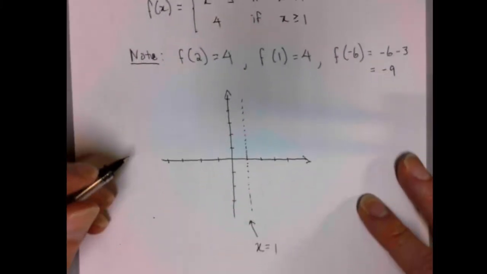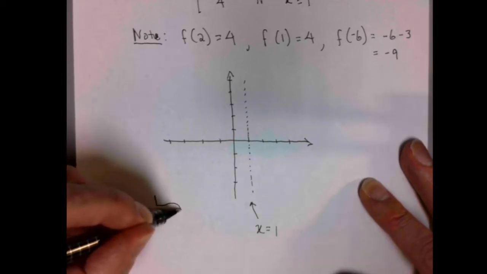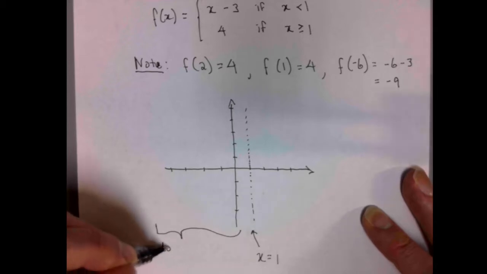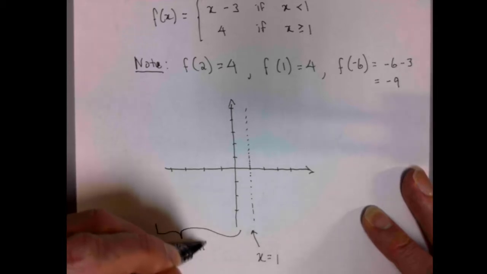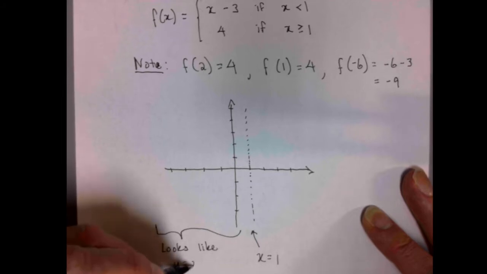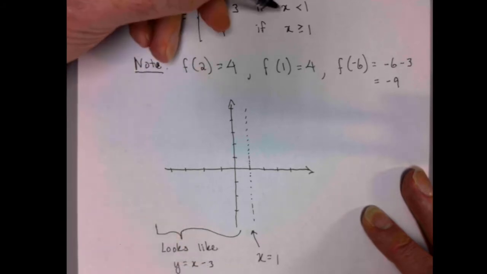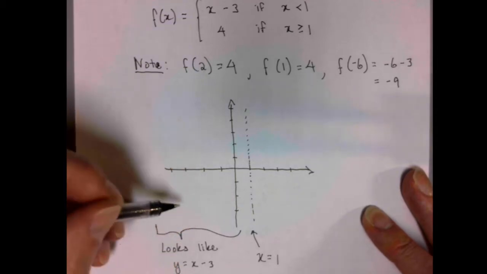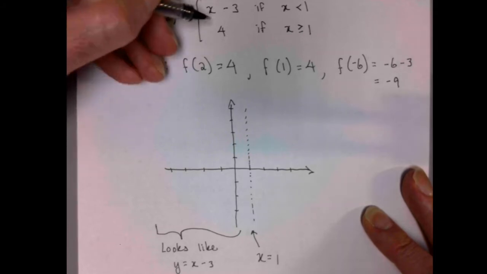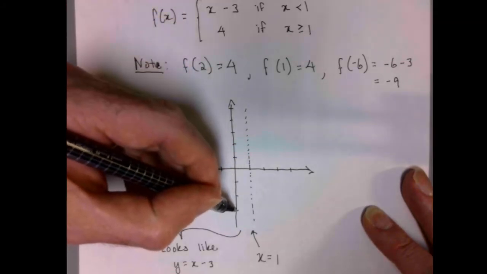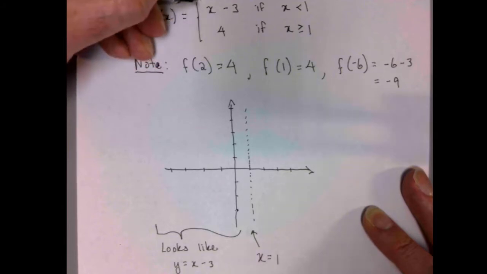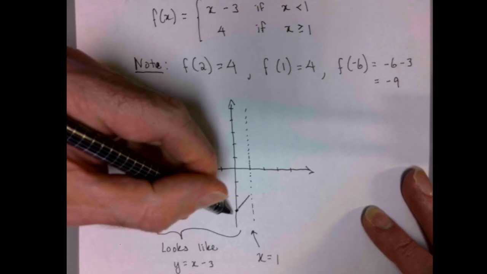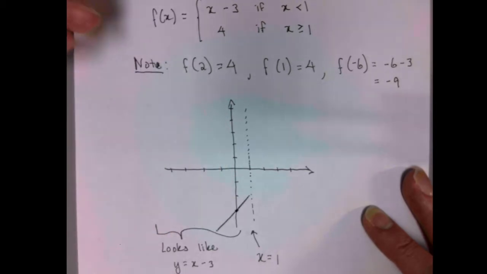Okay, so this side of the graph is going to look like y equals x minus 3, because if x is less than 1, and that's what this portion of the xy plane is, this is where x is less than 1, the graph is going to look like y equals x minus 3, and we know what that is. That's a line. Okay, y-intercept negative 3, slope 1, so we'd have something like that over there.